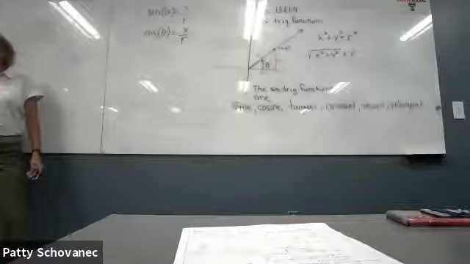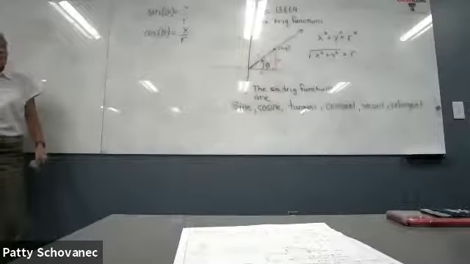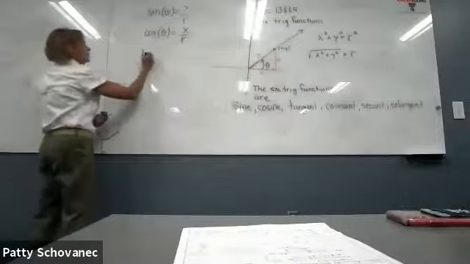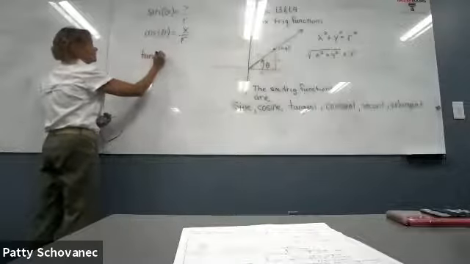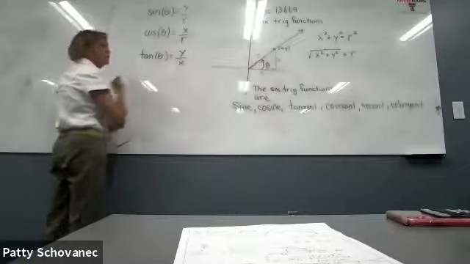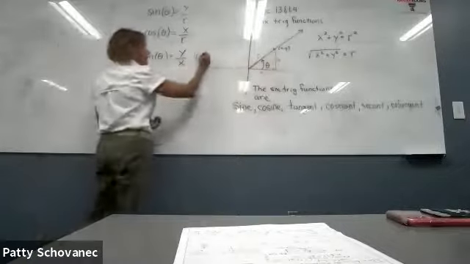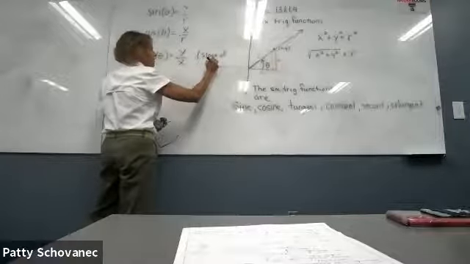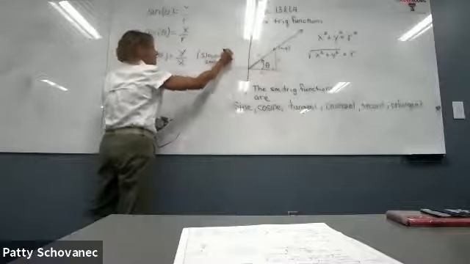The tangent of that angle is the slope of that line segment. Can anybody tell me the slope of the line segment from 0, 0 to x, y? Y over x, rise over run.